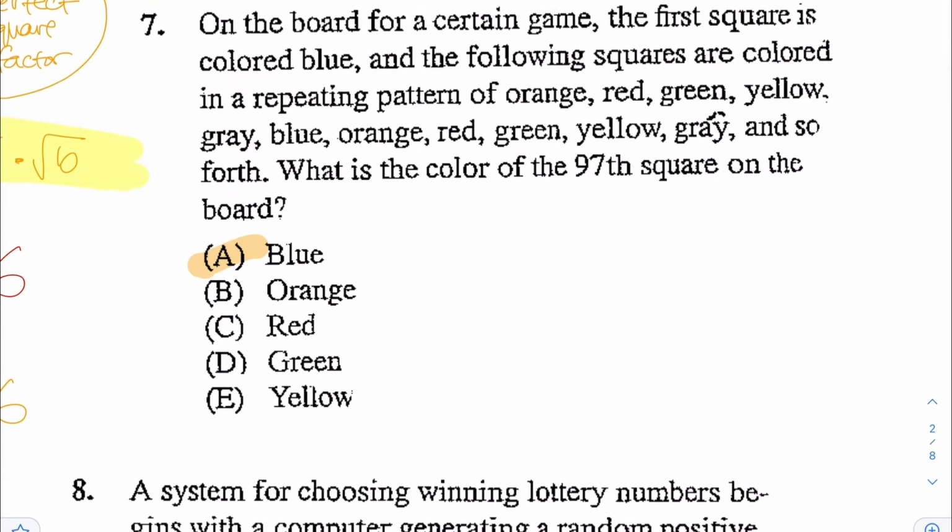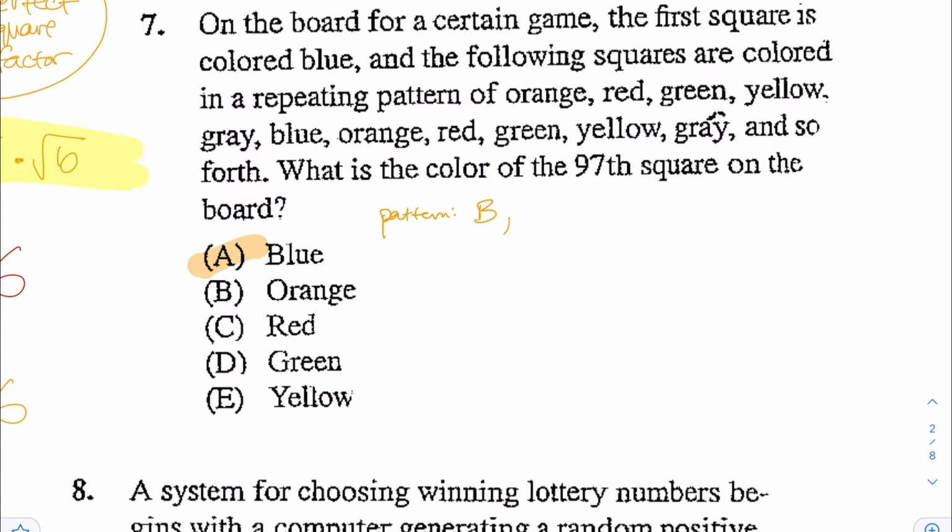All right, next for number 7, on the board for a certain game, the first square is blue, then the following squares are a repeating pattern of orange, red, green, yellow, gray, blue. Orange, red, green, yellow, gray, blue, etc., etc. What's the color of the 97th square on this board? All right, so here you just have to look for the pattern.